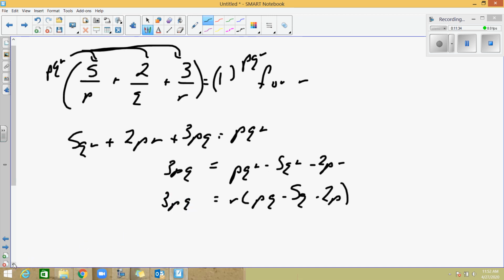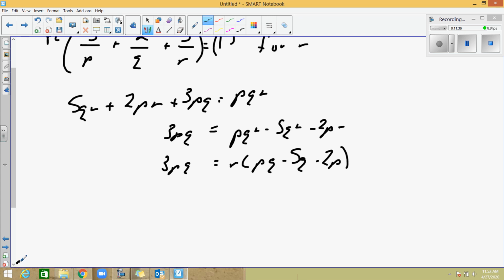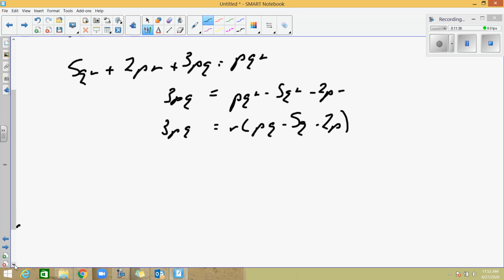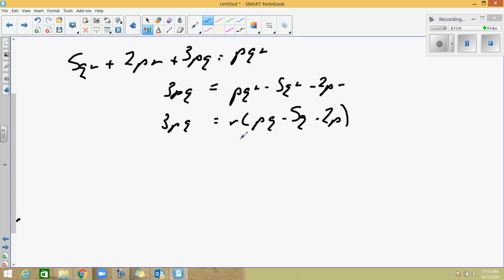I've got to divide this quantity off to leave me with r. When I divide the quantity off, I divide the other side as well. And I get 3pq over pq minus 5q minus 2p, and there is my answer.